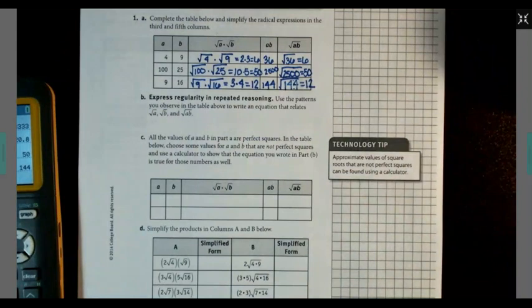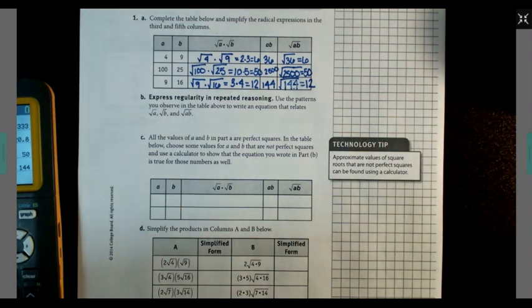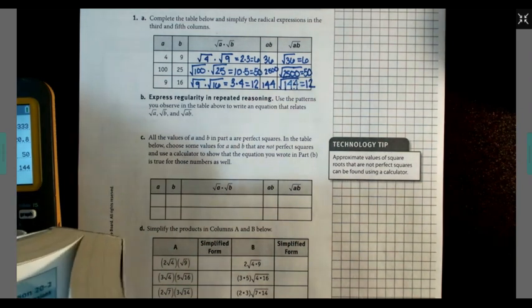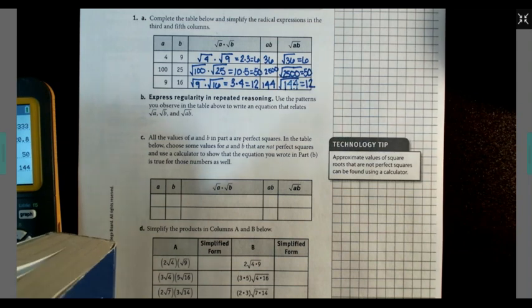It says, use the pattern you observed in the table above to write an equation that relates the square root of A, the square root of B, and the square root of AB. What do you notice here?